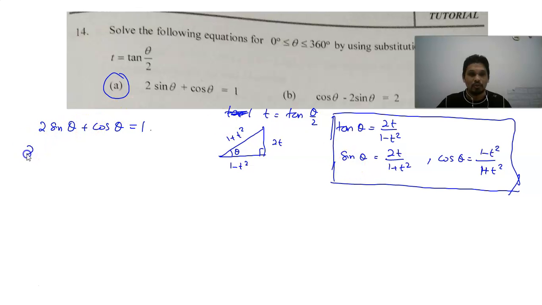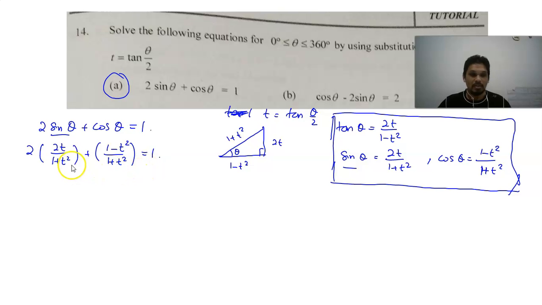So 2 sine theta equal to 2t divided by 1 plus t squared, plus cos theta, cos equal to 1 minus t squared divided by 1 plus t squared equal to 1.